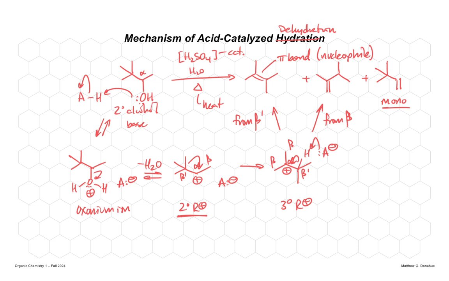So for like hydrogen, H2, both elements of that electrophile are H. So each carbon will get an H. If we have different electrophiles, say like HBr, one carbon is going to get an H, the other is going to get a bromine. And then the question after that is who gets what? And what we've learned so far will help guide us in determining which carbon is getting what atom of the electrophile.